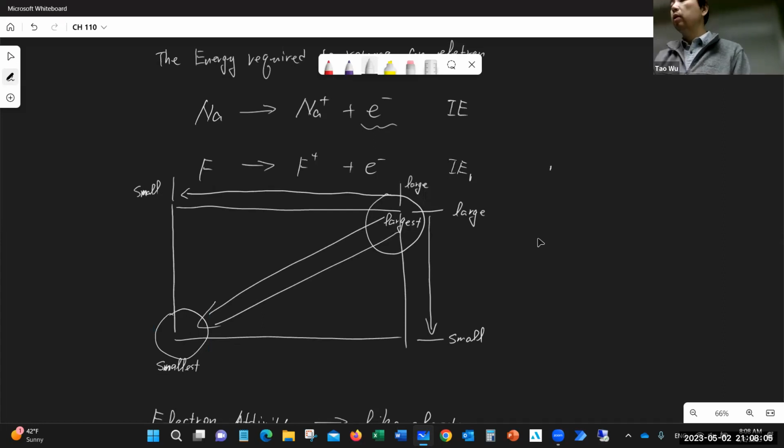So fluorine has a really high ionization energy. Neon has even more ionization energy. So neon, helium is the smallest in size and has the highest ionization energy in this case.